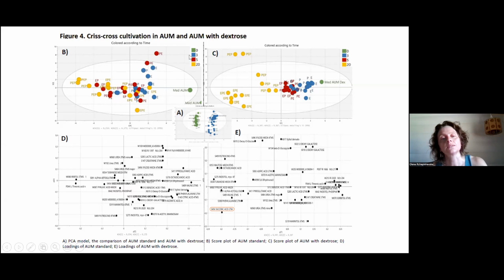The green one is the media at the starting point. And if we look at the graph on panel B, then you can see the spread count towards the left from media. Then the 3 hours blue samples come, then red, and the latest ones, these are yellow ones.